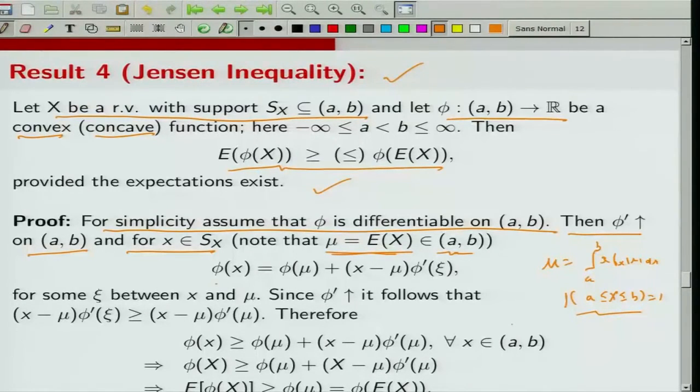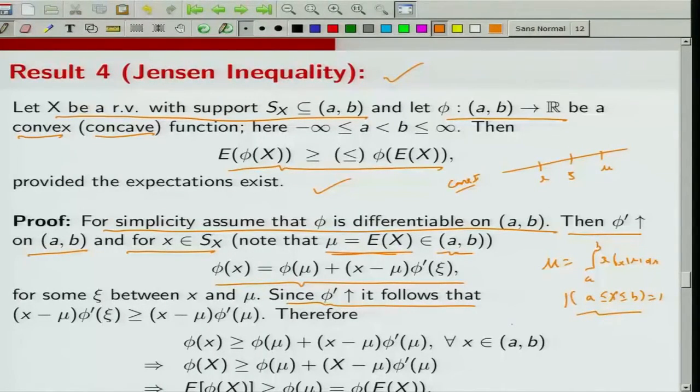So I apply the mean value theorem or the Taylor series expansion of phi. So phi(x) becomes phi of mu plus (x minus mu) phi prime(xi) for some xi between x and mu. Now note that in the case of a convex function, phi prime is increasing. Let us consider two different situations. Suppose x is less than mu and xi is between x and mu.